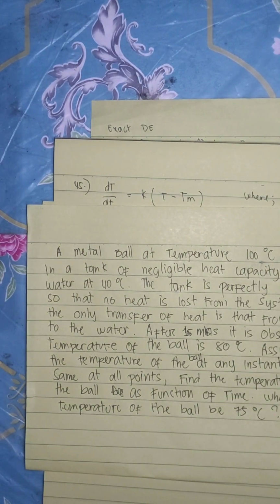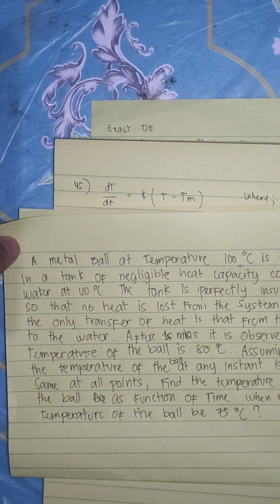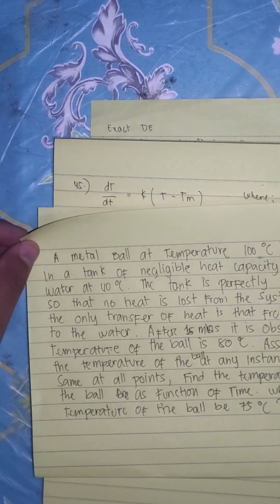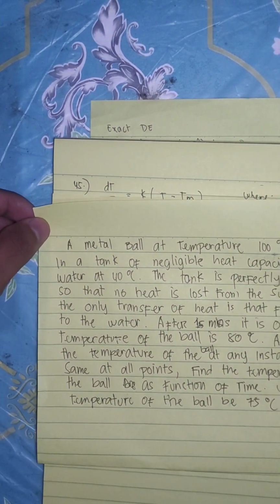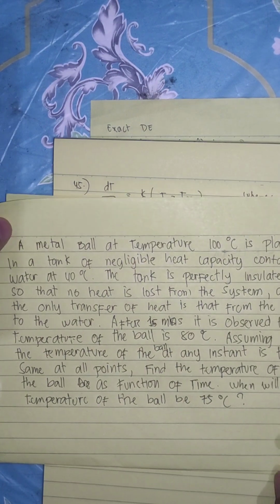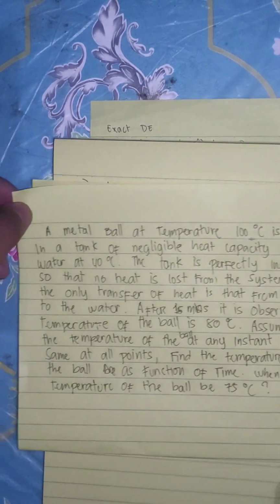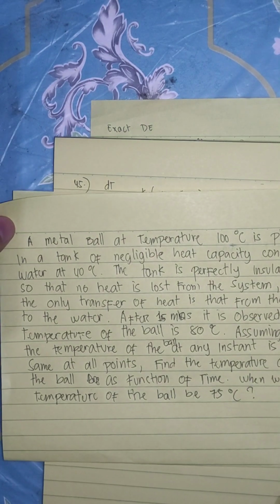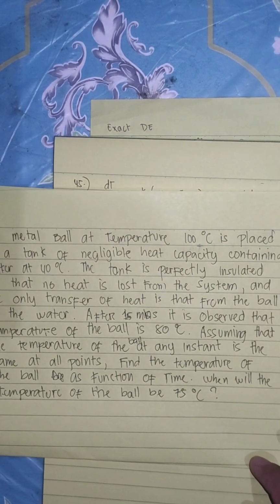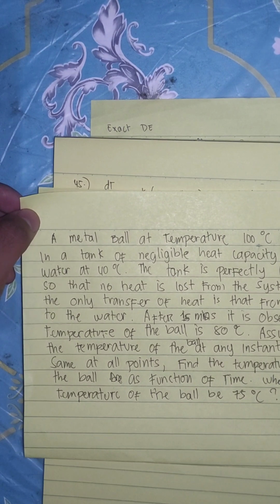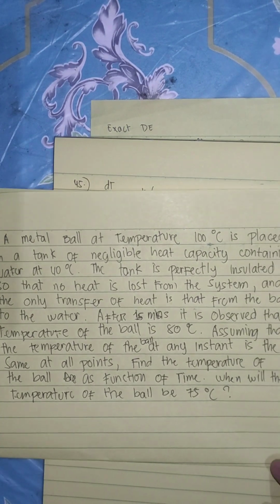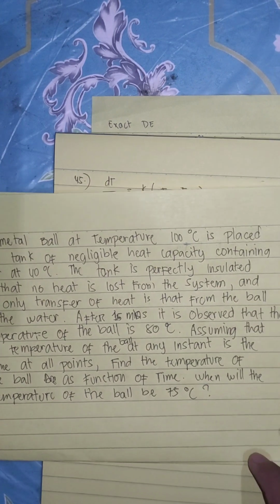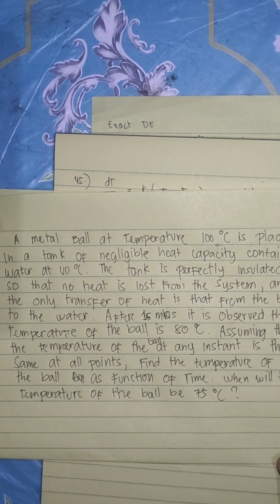A metal ball at temperature 100 degrees Celsius is placed in a tank of negligible heat capacity containing water at 40 degrees Celsius. The tank is perfectly insulated so that no heat is lost from the system, and the only transfer of heat is that from the ball to the water.